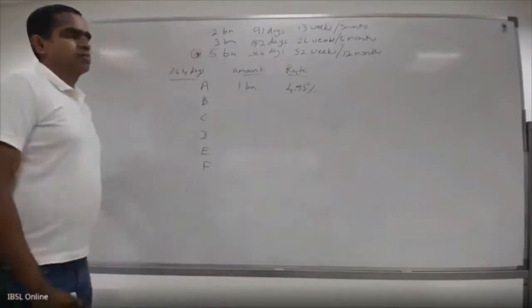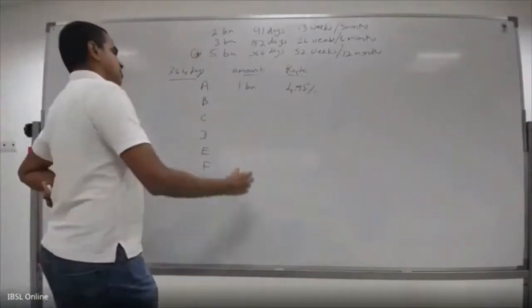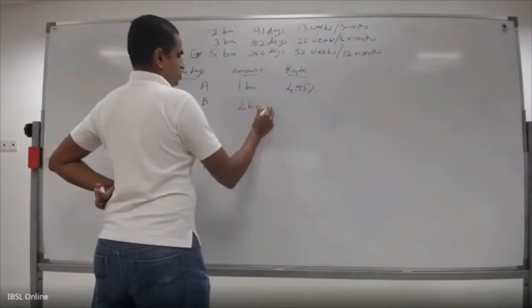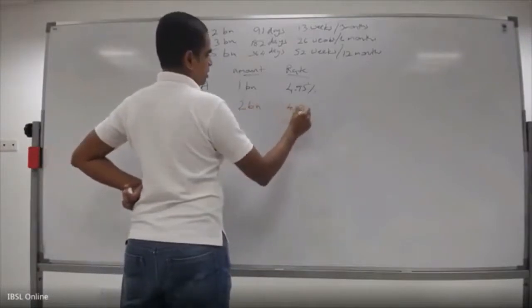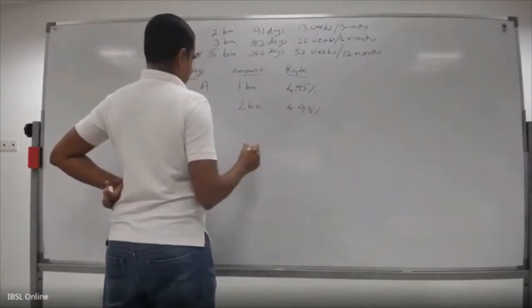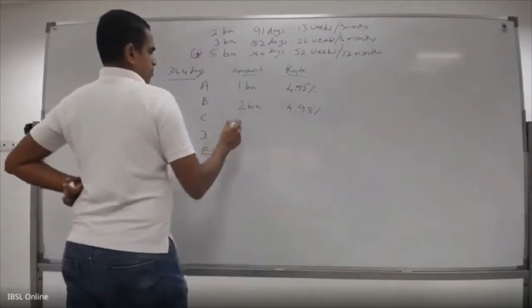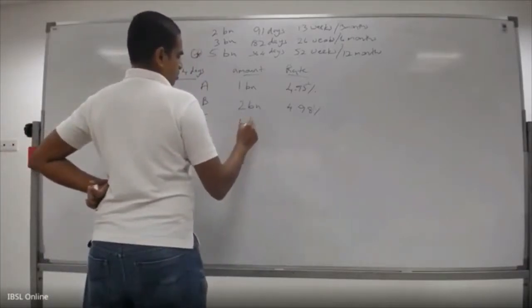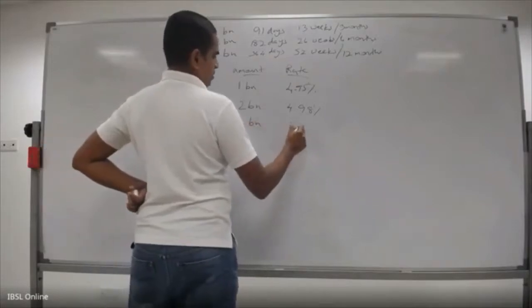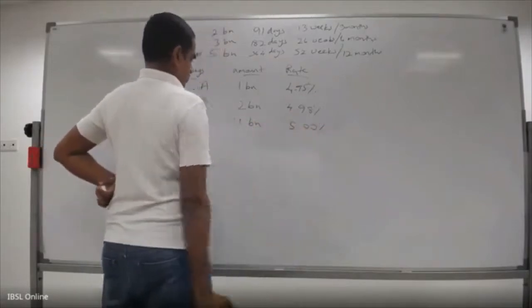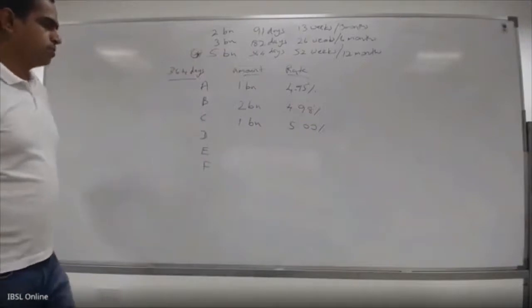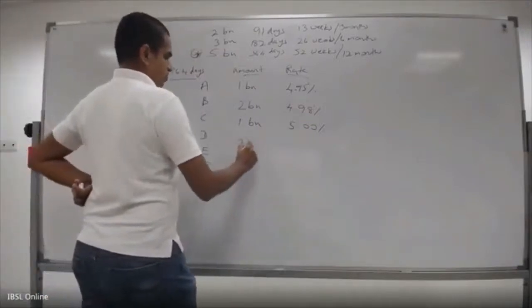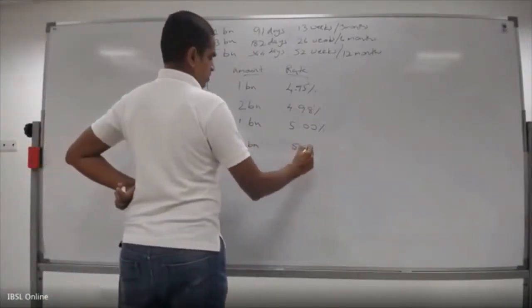Right. B will bid for 2 billion at 4.98%. C will bid for 1 billion at 5%. D will bid for 3 billion at, let's say, 5.05%.